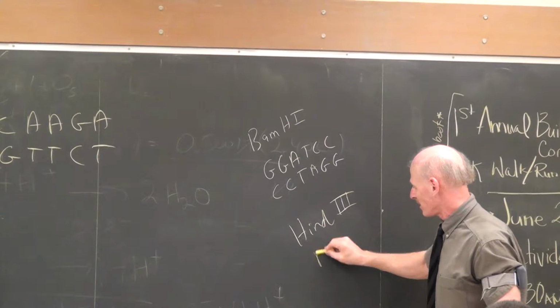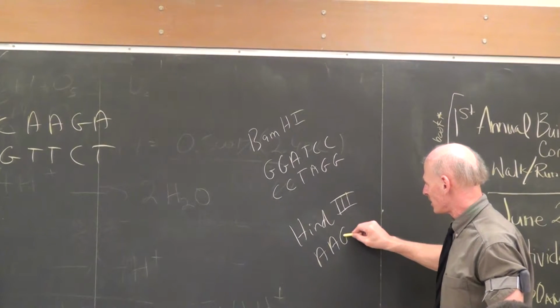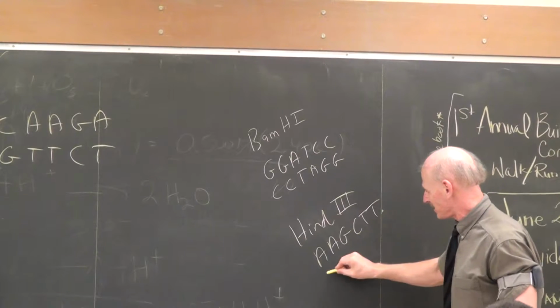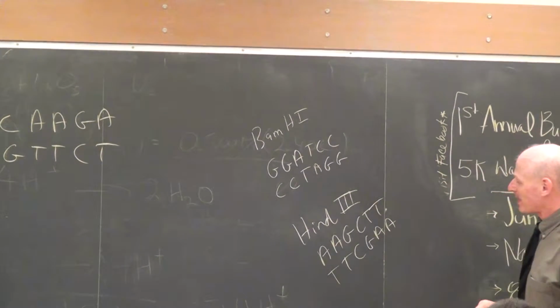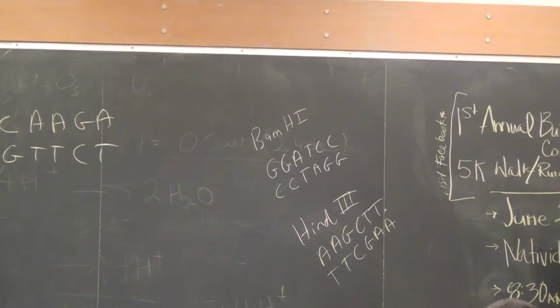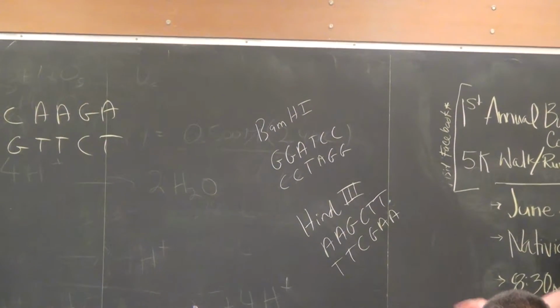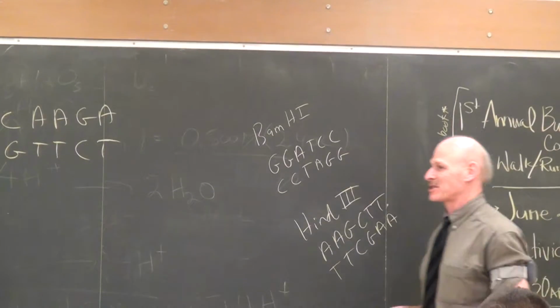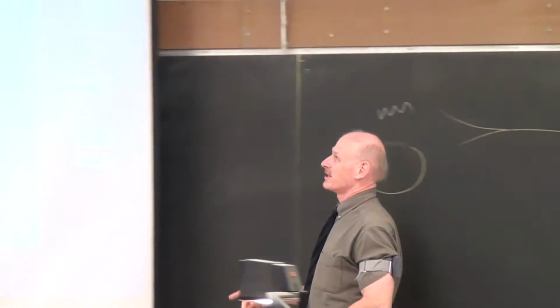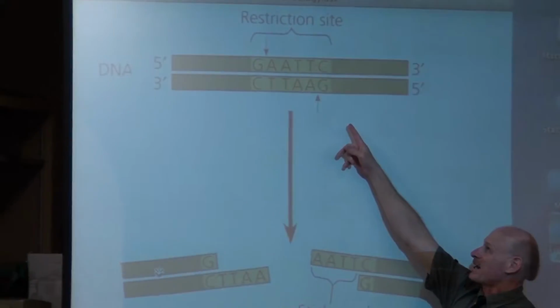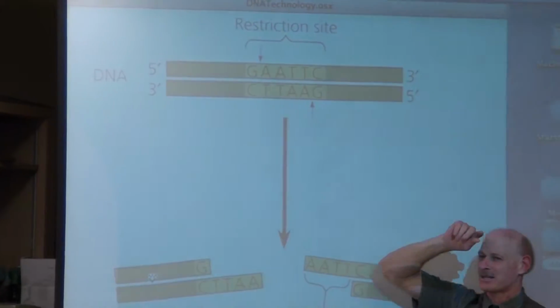It looks for, I think, AAG, CTT, and so on, like that. And only when it encounters that particular sequence in the DNA does it cut the DNA there at that particular sequence. And there's one called EcoR1, and there is EcoR1 enzyme's restriction site, that particular site right there.